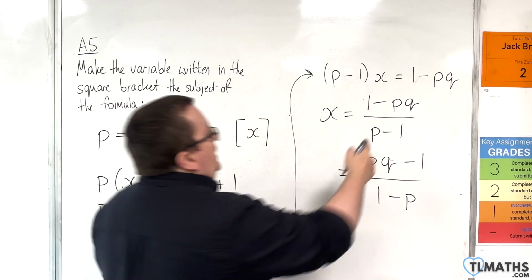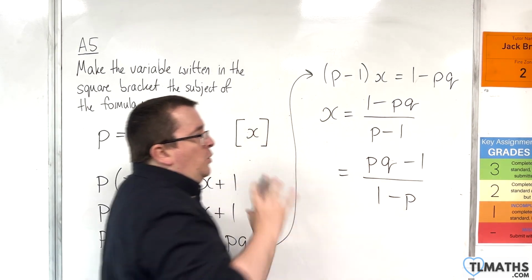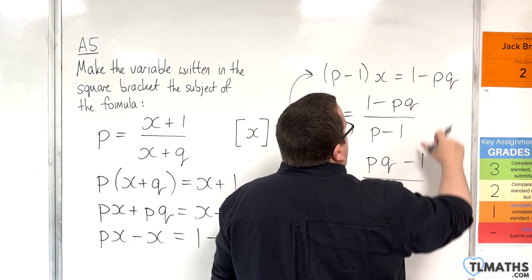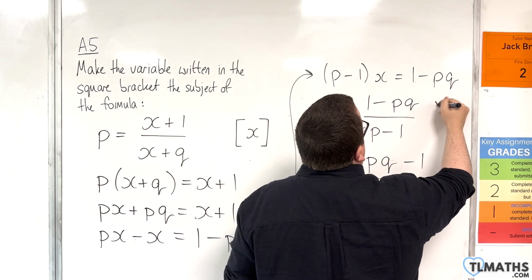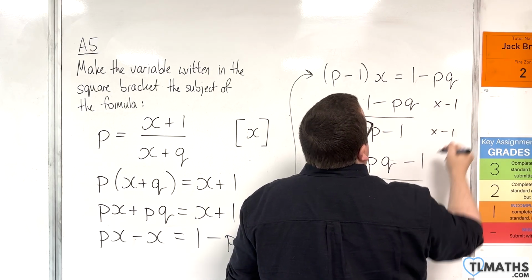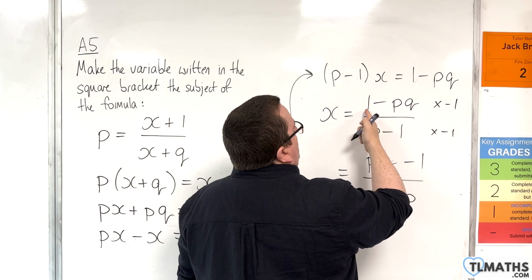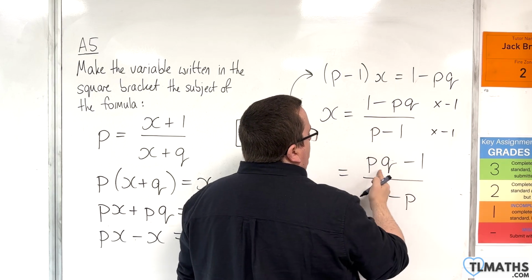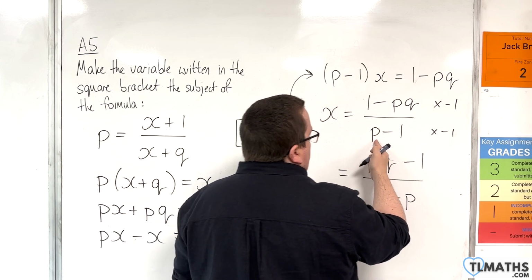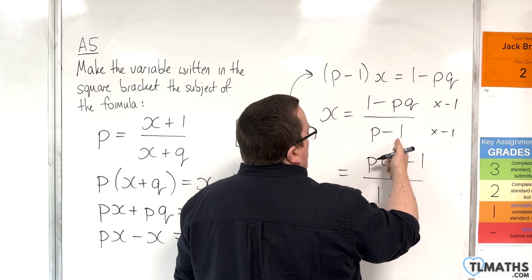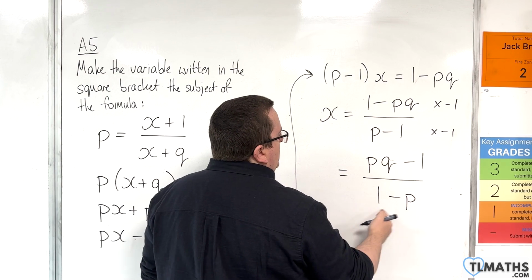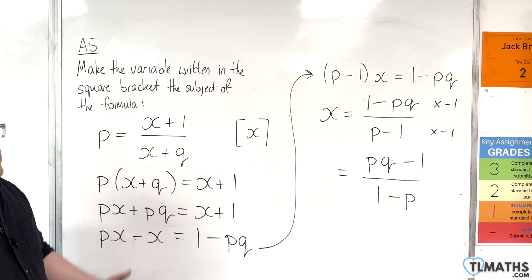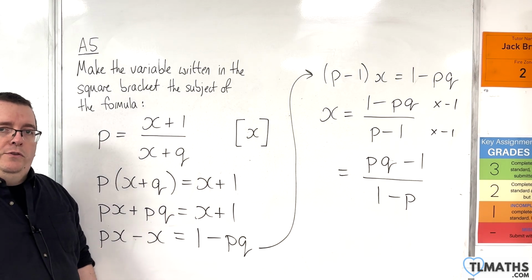Okay, these two are equivalent because all I've done to get from here to here is multiply top and bottom by minus 1. So 1 times minus 1 is minus 1, minus pq times minus 1 is pq, p times minus 1 is minus p, minus 1 times minus 1 is 1. So these two are equivalent. So whichever way you did it, you would still have gotten to the correct answer.